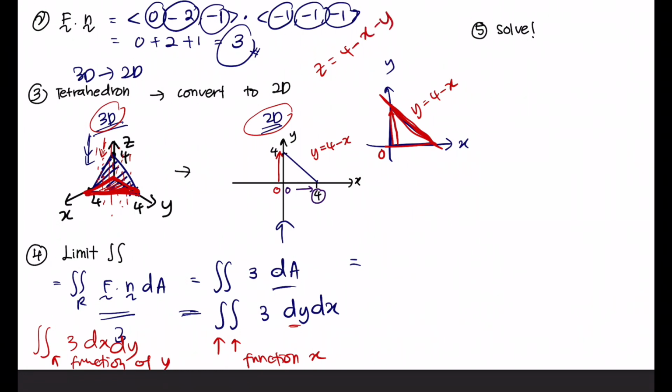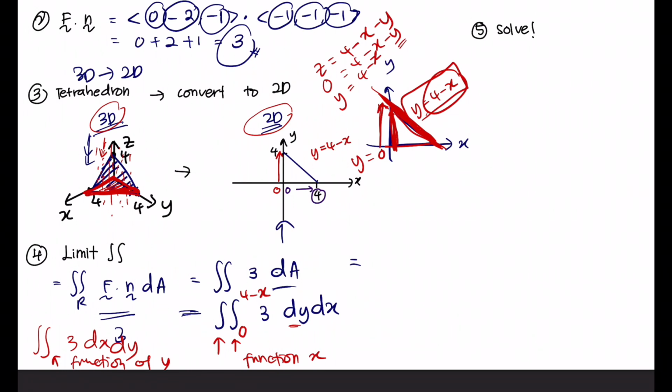In this xy axis, z equals 0. So 0 equals 4 minus x minus y, then you rearrange, y equals 4 minus x. So this line is y equals 4 minus x. We want the limit from y equals 0 up to this line, which is 4 minus x. That's why our limit is from 0 to 4 minus x.